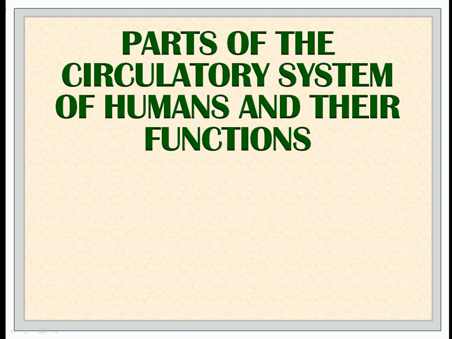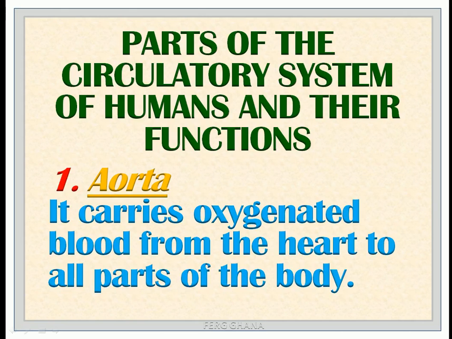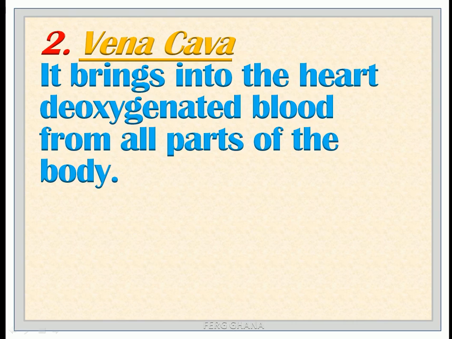Parts of the circulatory system of humans, and their functions. 1. Aorta. It carries oxygenated blood from the heart to all parts of the body. 2. Vena cava.